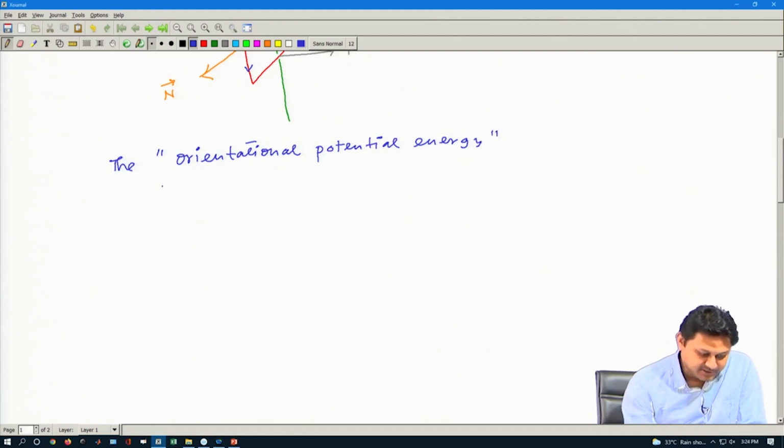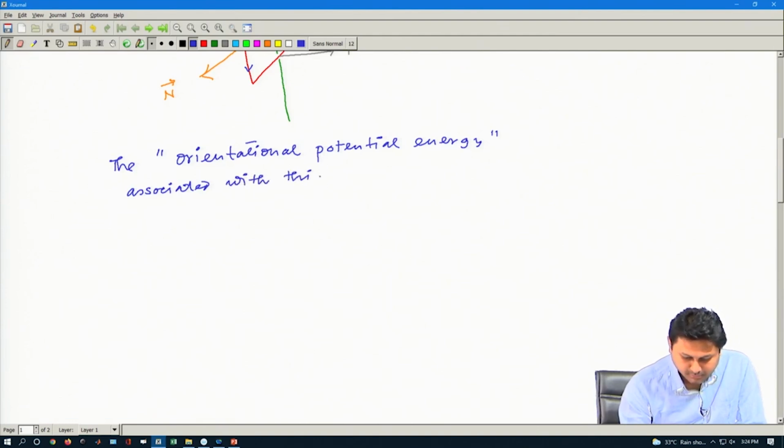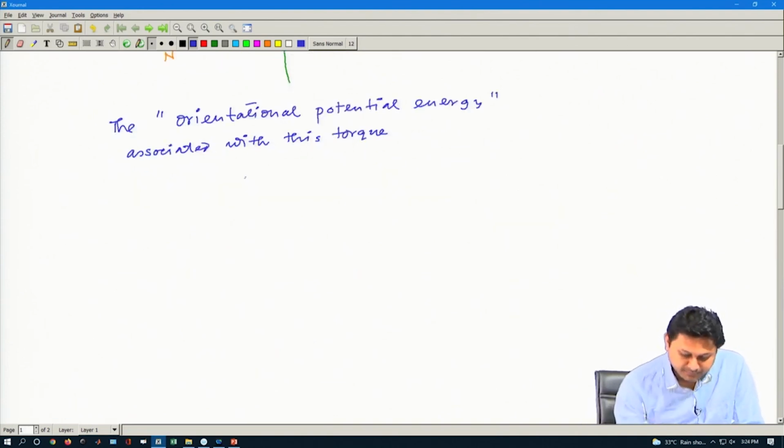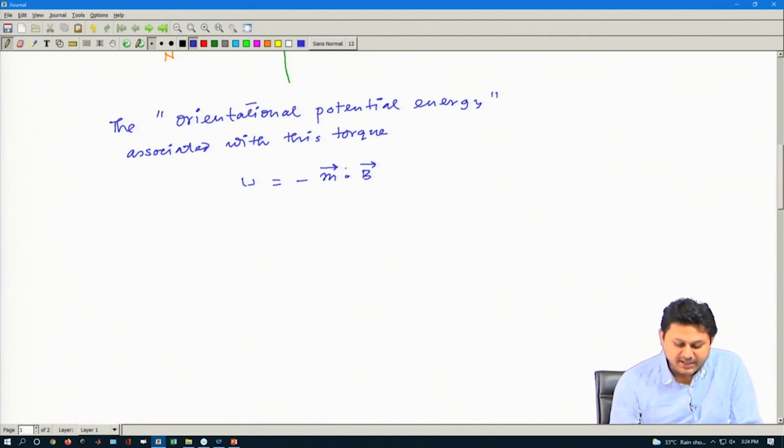The orientational potential energy associated with this torque, what orientational means we will discuss later, is simply U equal to minus M dot B. It is exactly the same kind of expression that we have in electrostatics when the dipole is placed in an external electric field, and the potential energy stored was that amount.